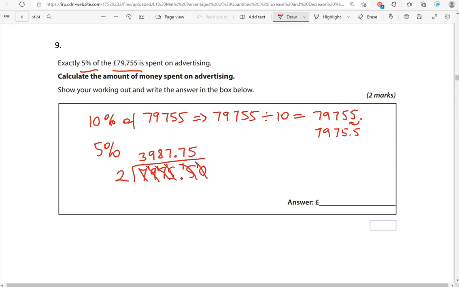So 5% of 79,755 is equal to 3,987.75. So the amount spent on advertising is £3,987.75.